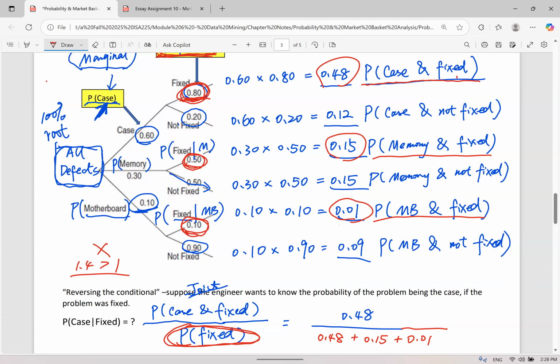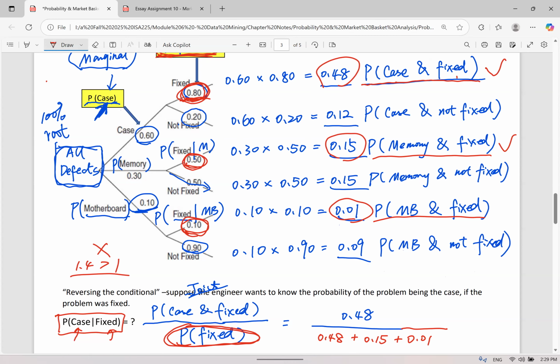Now let's think about the whole problem. We want to get this probability, but this probability means given the problem is fixed, what is the probability that this fixed problem is from a case alignment defect? Okay, just based on what we had in the last class, for conditional probability we need to look at the condition first, right? So we will only focus on the fixed problems. What are they?